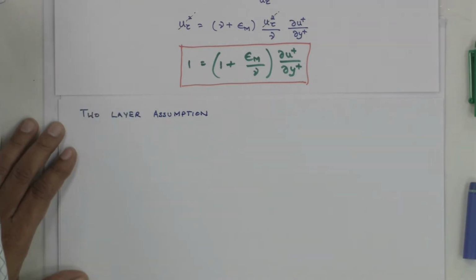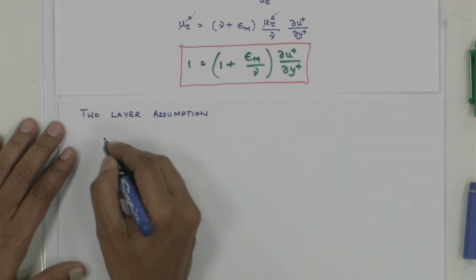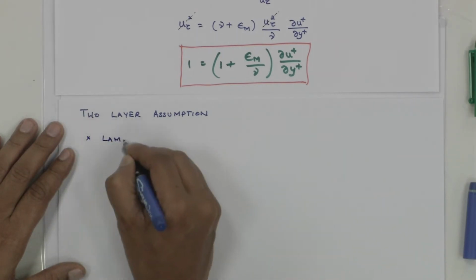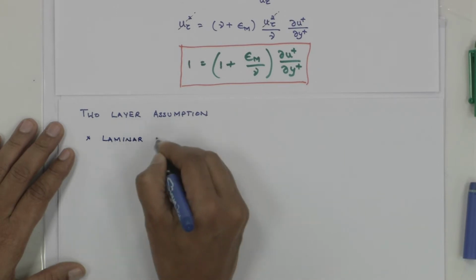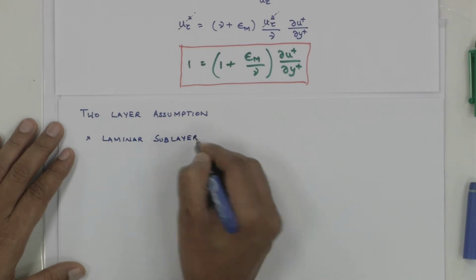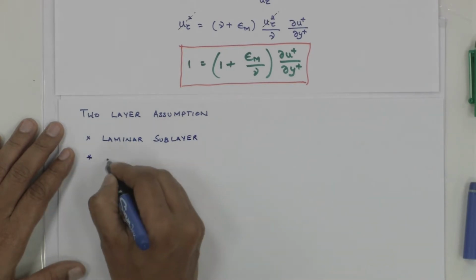In the two-layer assumption we have the laminar sublayer and the second one is the turbulent boundary layer.